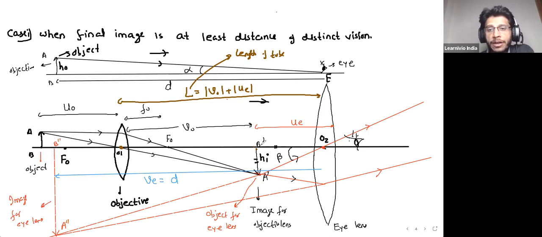And your image, this intermediate image A prime, B prime, is very close to the eye lens.